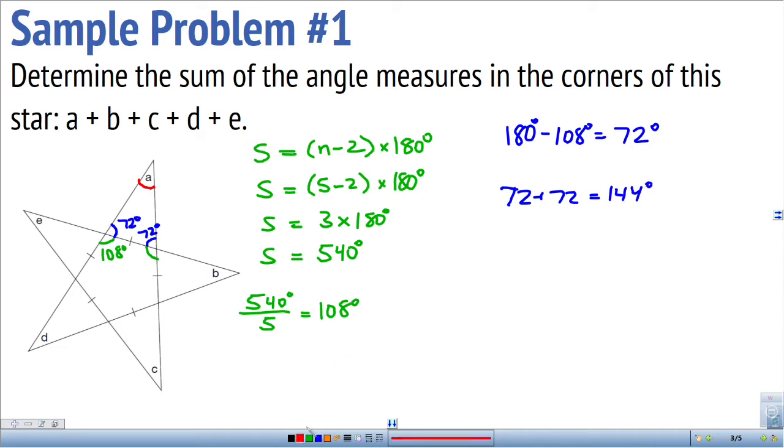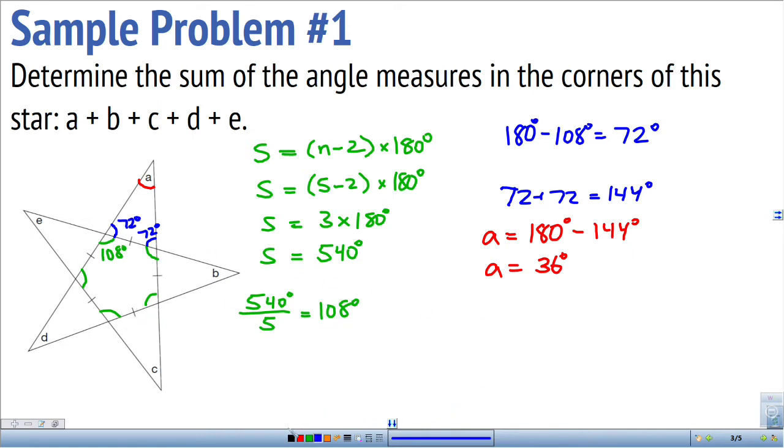So that angle A is going to be 180 degrees minus 144 degrees. So A is going to be 36 degrees. Now, we can repeat that 5 times, because each of these angles inside are all 108 degrees, so we're going to have the exact same situation in each of these 4 other triangles.